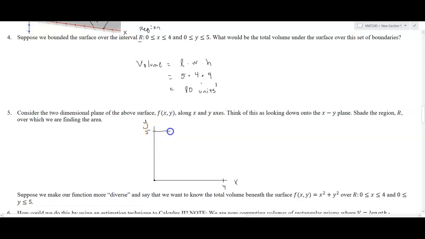And so the region is this underlying region in that xy plane that represents the region over which we want to find the volume. Of course, if we expanded this region, we'd have more volume if our surface had a constant height of 4. So we can call this R, and R is that region x between 0 and 4 and y between 0 and 5.